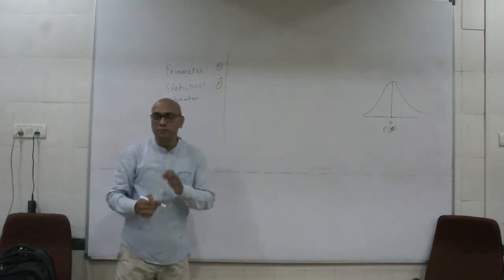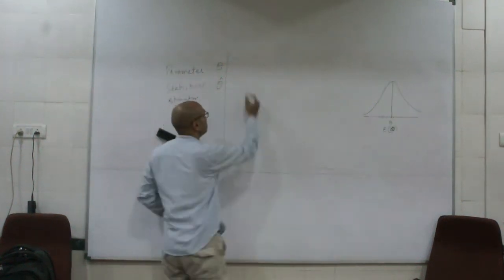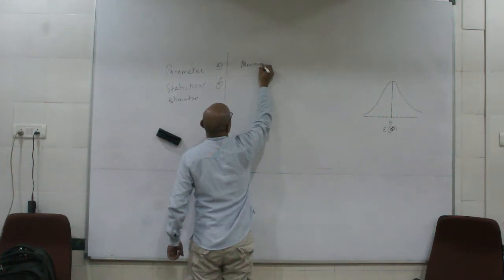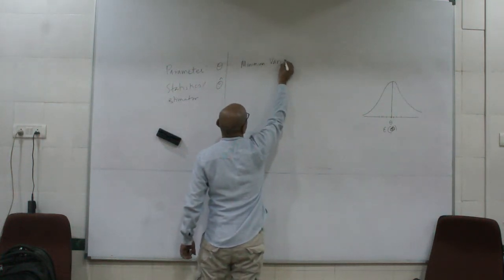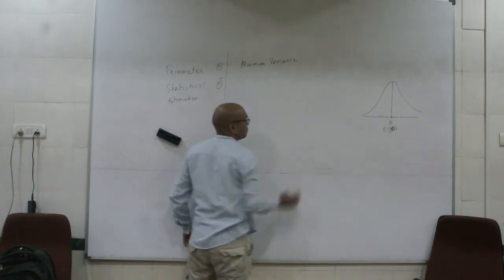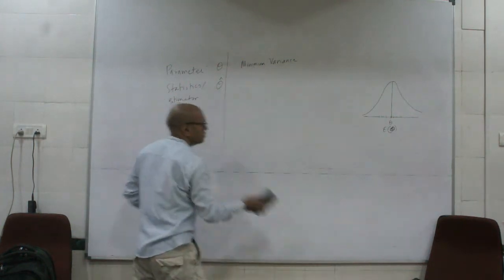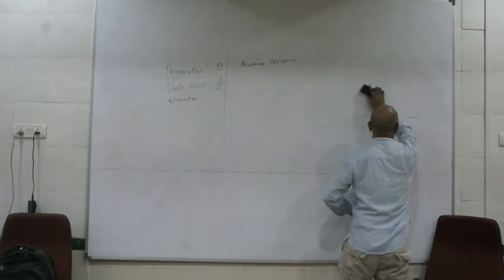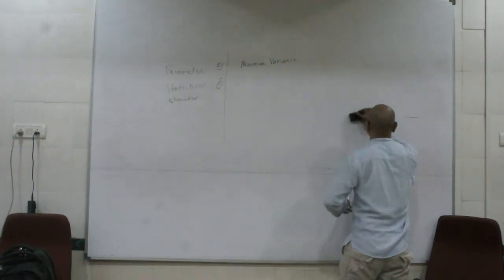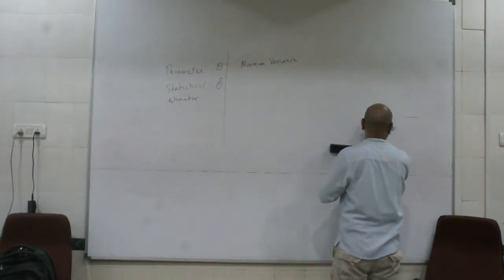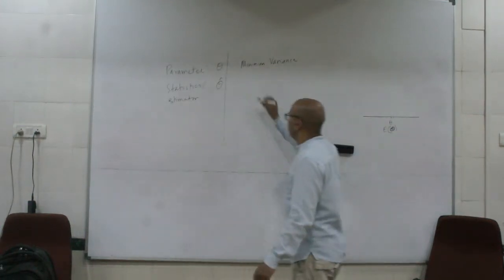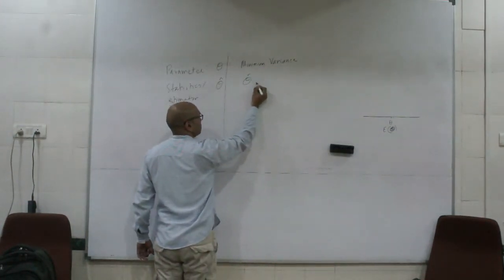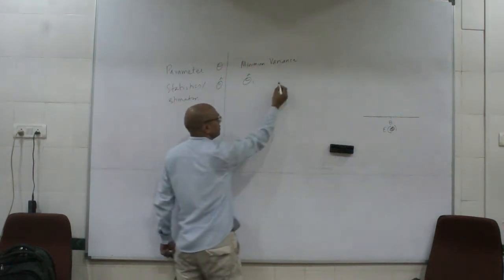The next property is minimum variance. Suppose I have an estimator of theta, which I call theta hat 1.